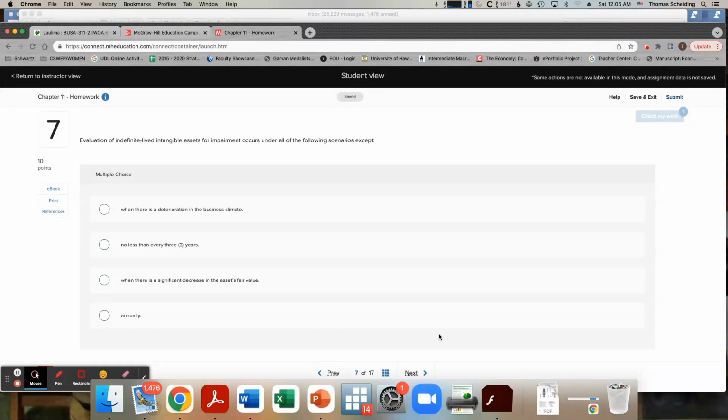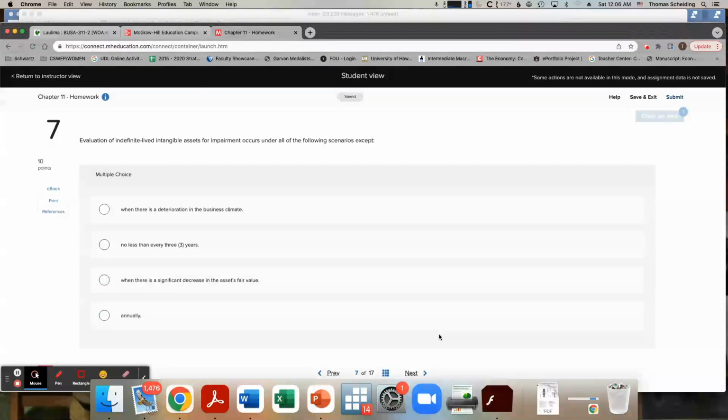The biggest thing I can say here is that in some sense it's largely subjective, up to the auditor or the professional to assess when impairment has occurred.